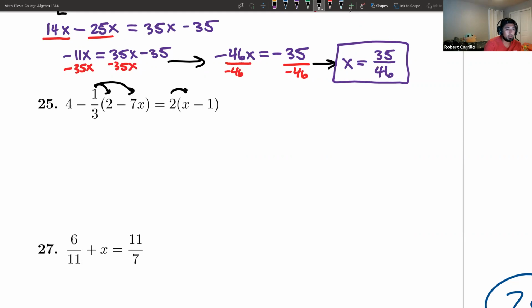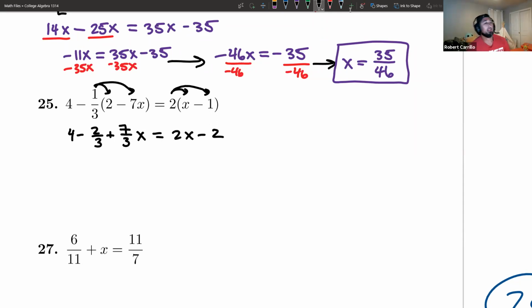And we'll distribute the 2 at the same time. So 4 minus, and negative 1/3 times 2 is a negative 2/3. And then negative 1/3 times negative 7x gives me a positive 7/3 x. And then on the right side, that is just 2x minus 2.